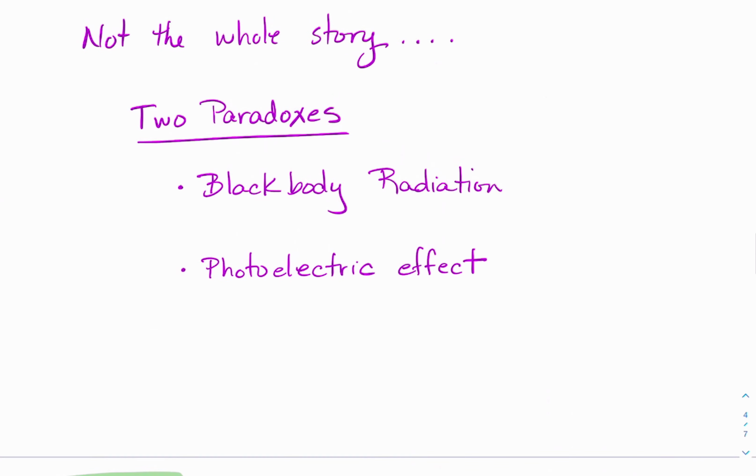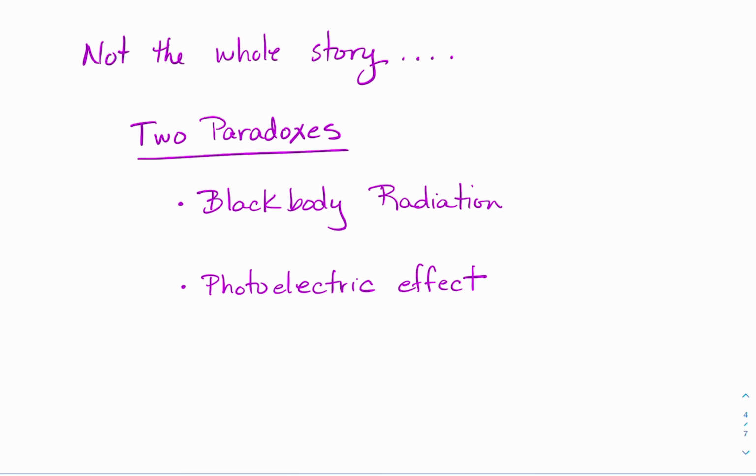Unfortunately, there were a few things that broke down this thought of electrons acting as waves, and light also in that story. So it turns out that there were two paradoxes. One was called the black body radiation paradox, and the other one was the photoelectric effect paradox, where it turns out both of these issues, which I will discuss each one in later videos, broke down the idea that light and electrons behaved as a wave.